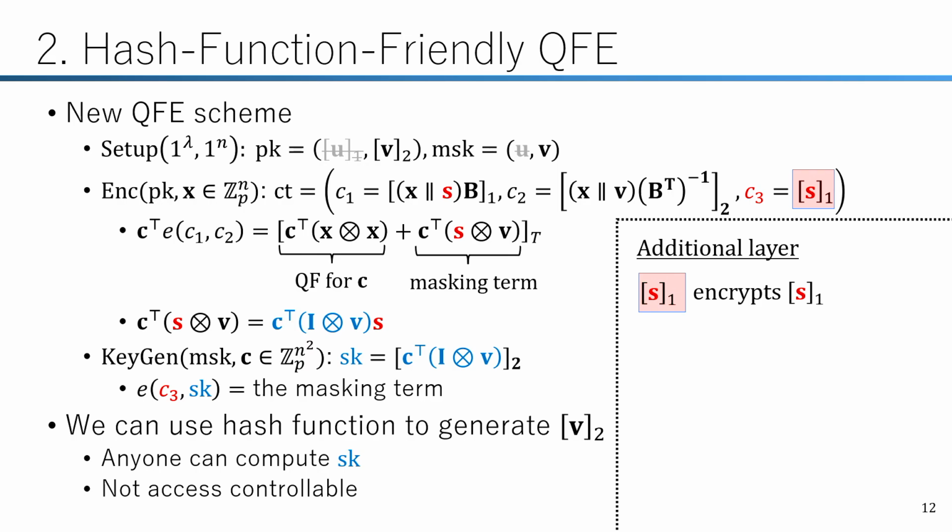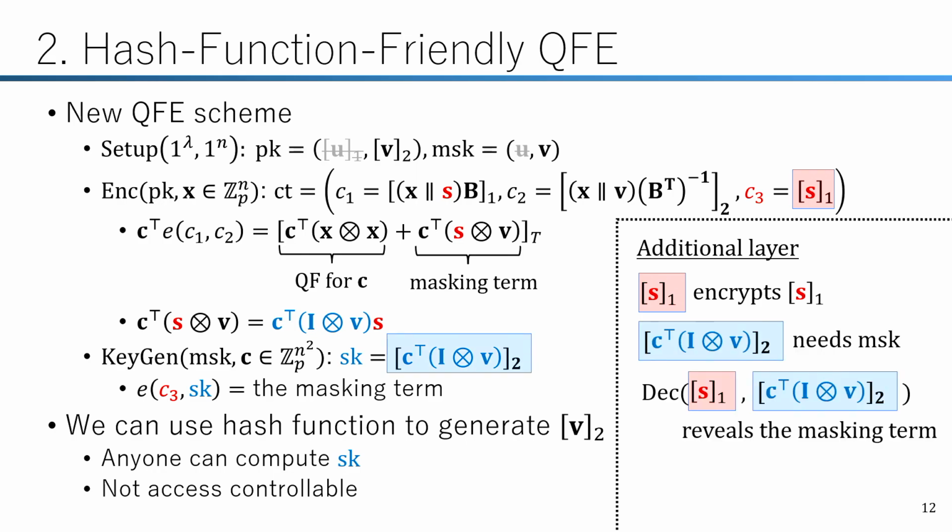So to solve these problems, we introduce an additional layer, and first encrypt the vector S by the additional layer. By encrypting vector S, now the adversary cannot compute the masking term by itself by generating the secret key by itself.